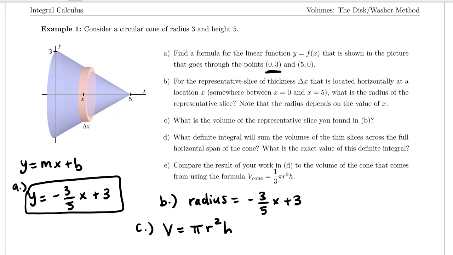In this case, the height is this dimension here, which is delta x. And our radius, we've already established as negative 3/5 x plus 3. So plugging those into this formula, we get pi times (negative 3/5 x plus 3) squared times the height, which in this case is delta x.